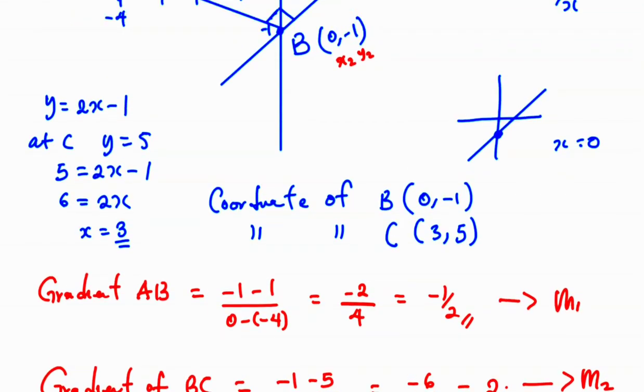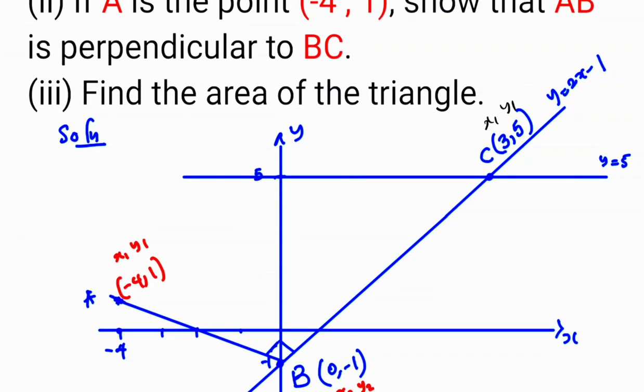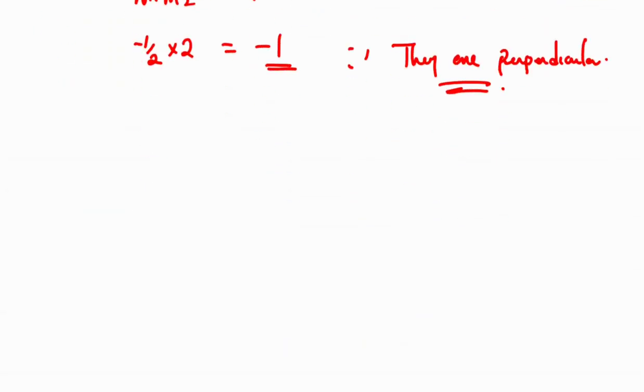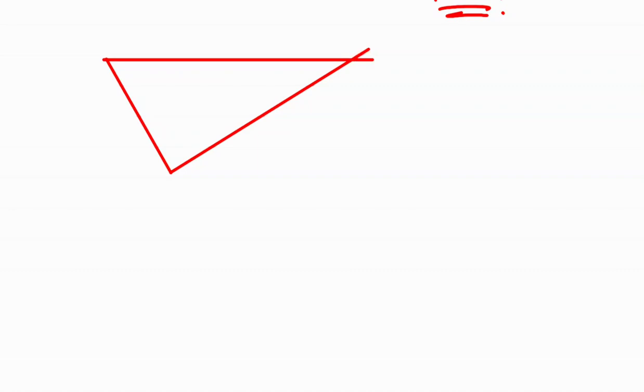Then let's go to the last thing to do. It says you find the area of the triangle. And this is the triangle. We have something like this, then something like this, where at this point is my C, this is my B, and this is my A. Remember, here is going to be minus 4 comma 1, and this is 0 comma minus 1.